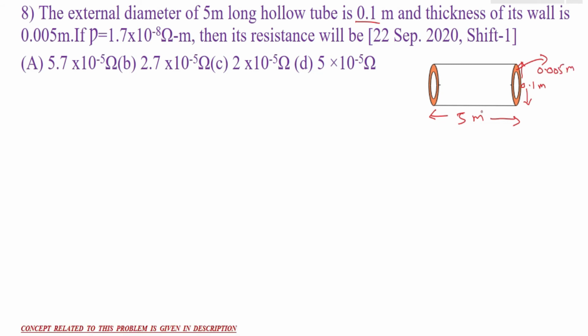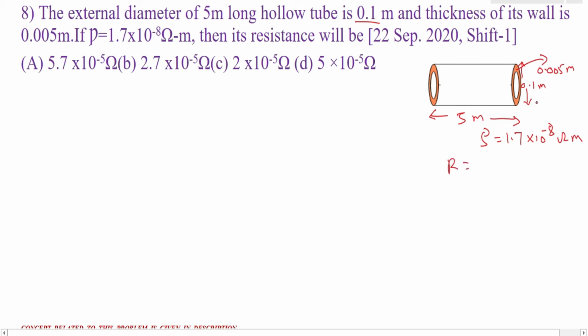He also gave the value of specific resistance, which is resistivity, as rho is equal to 1.7 into 10 power minus 8 ohm meter. You are supposed to calculate the resistance of this hollow tube.